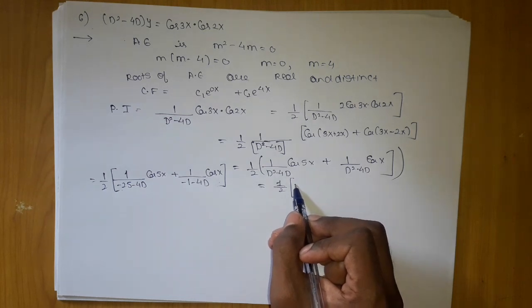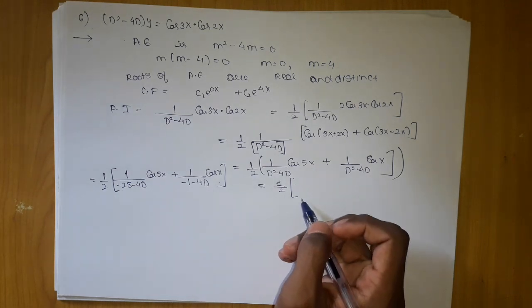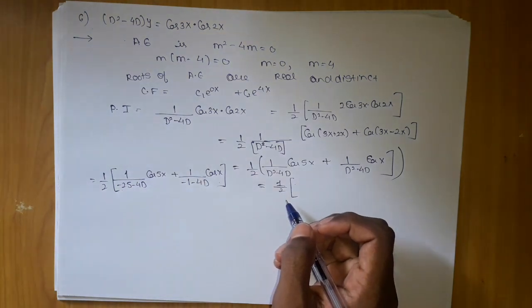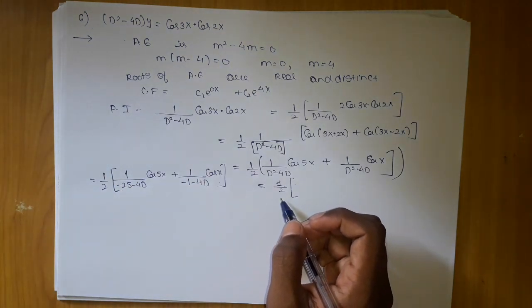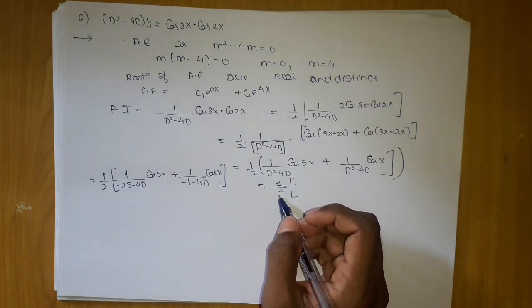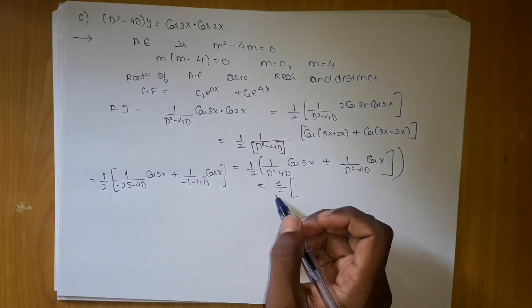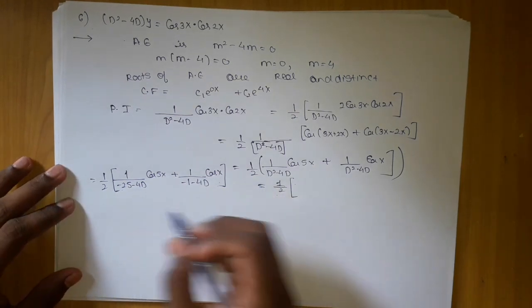Let's multiply and divide by 25 plus 4d, because the minus we will take outside.